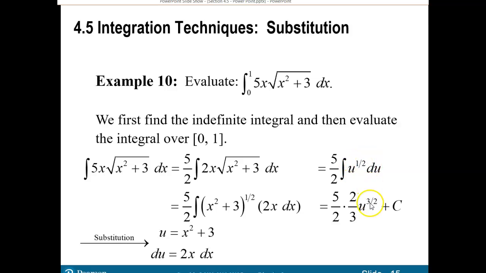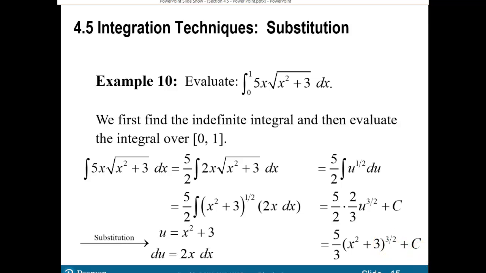We add 1 to a half, meaning we get 3 halves. Divide by 3 halves means multiply by 2/3 plus the c. So the 2's cancel here, so we get 5/3 in the front by cleaning up those fractions. Remember that my u was x squared plus 3. We put that back in, plus the c.